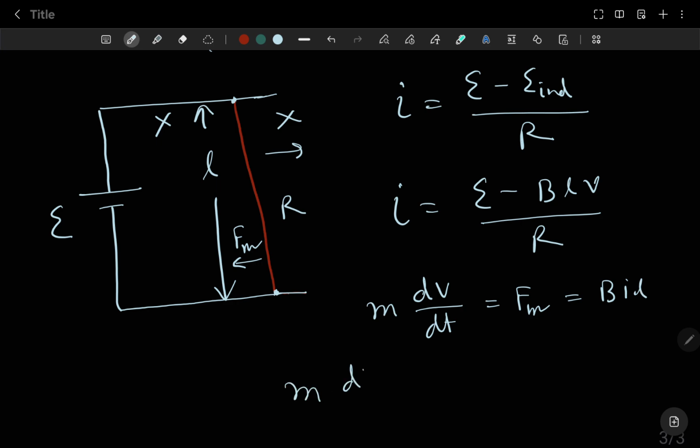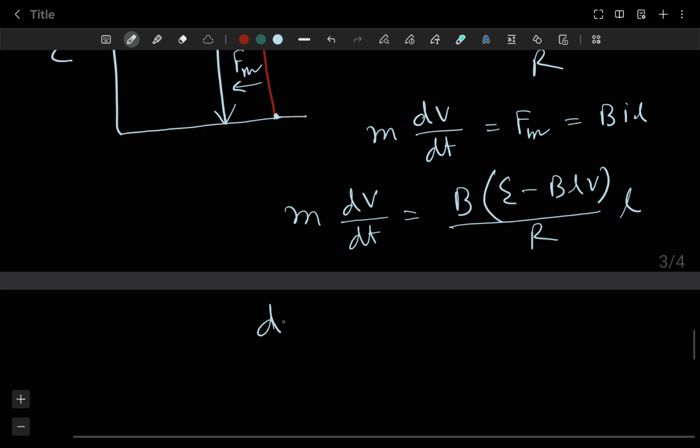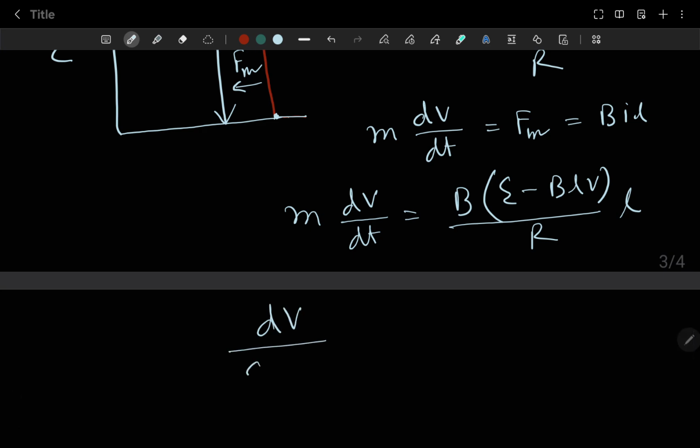So here it will come out to be m dv dt is B into epsilon minus BLV by R into L. Alright, so it will be like dV by epsilon minus BLV, and here it will be BL by MR into dt.